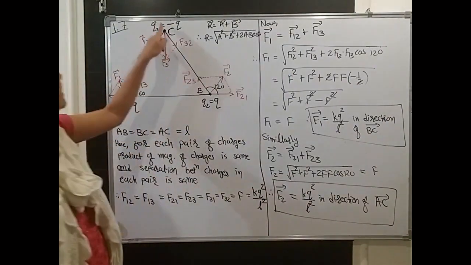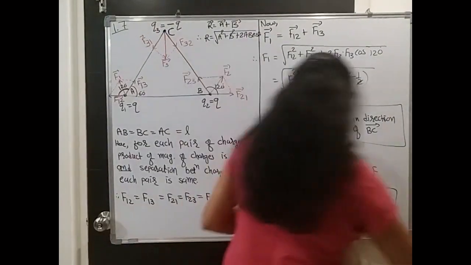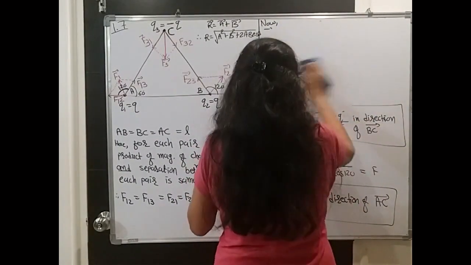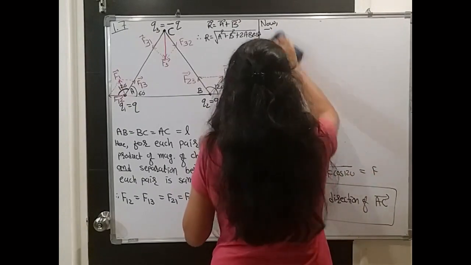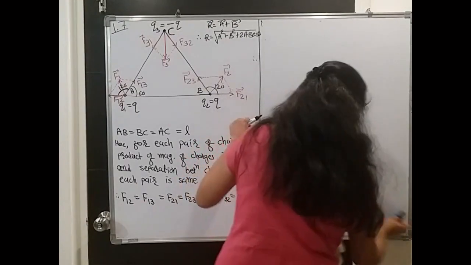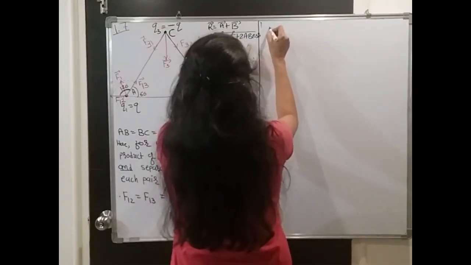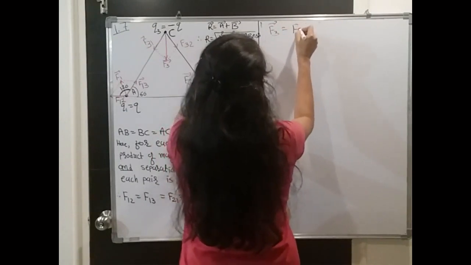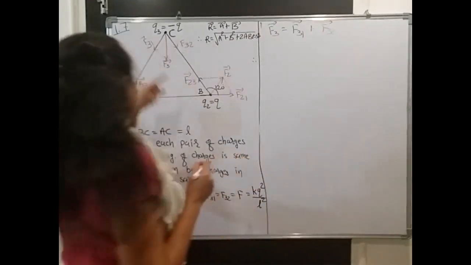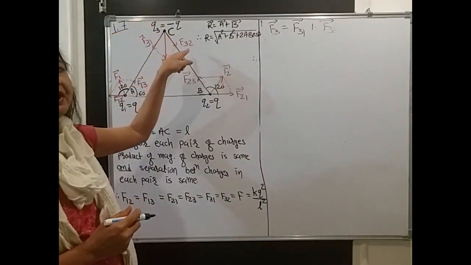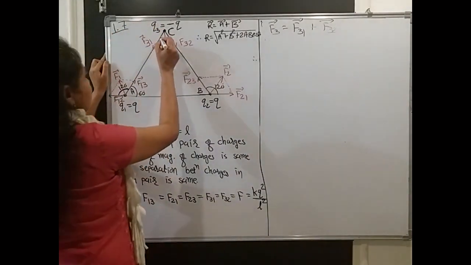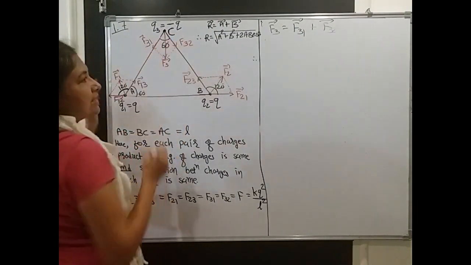Okay, now only F3 is left. Let us find it quickly. So now I can say that vector F3 is the vector summation of F31 plus F32. This is F31, this one is F32. Now you can see the angle between these two vectors is 60 degrees because this is an equilateral triangle.